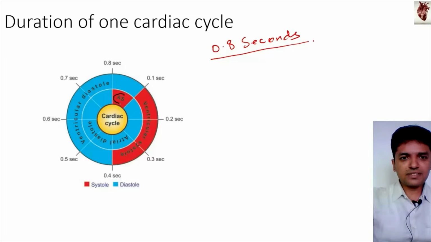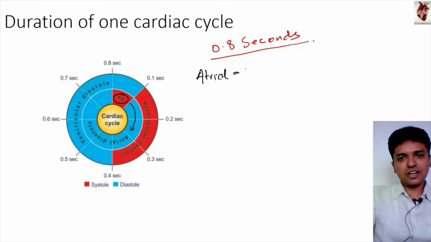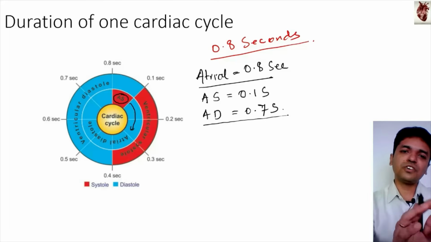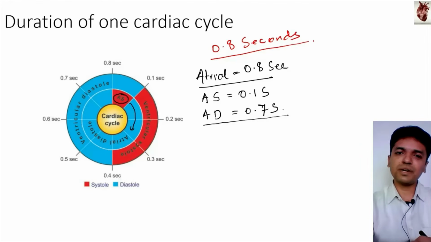AS means atrial systole, and the remaining part, which you see here in blue, is the atrial diastole. That means the atrial events occur over a period of 0.8 seconds. Out of this, the atrial systole is for 0.1 seconds and the atrial diastole is for the remaining 0.7 seconds. As you are seeing here, the time given for atrial diastole is more compared to that of the atrial systole.